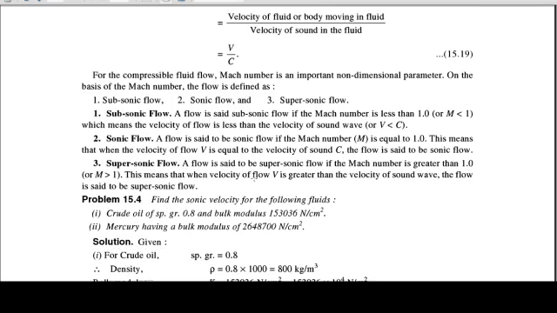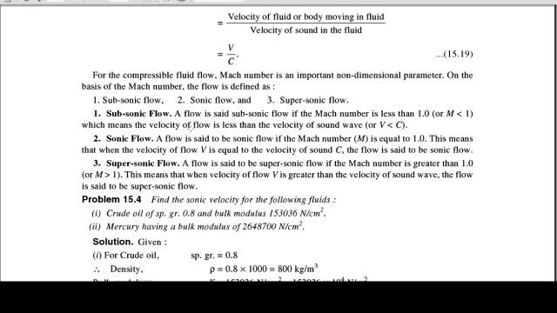For compressible fluid flow, the Mach number is an important non-dimensional parameter, because on the basis of the Mach number the flow is divided into three categories: subsonic flow, sonic flow, and supersonic flow. So here first is the subsonic flow.